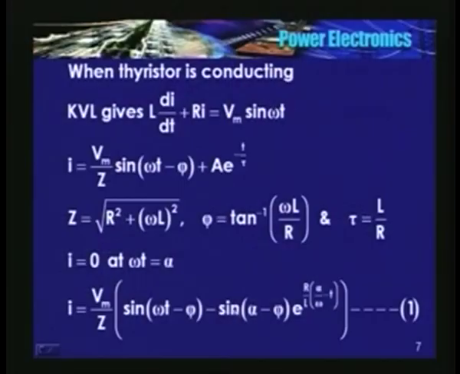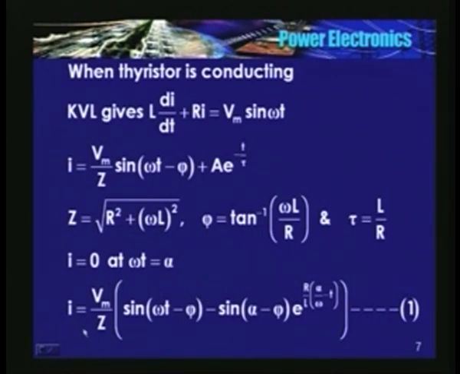what does equation 1 say? It says that this term will become 0. So you have the current which is given by Vm by Z into sine omega t minus phi. Current is sinusoidal, lags the input voltage by an angle phi, which is equal to the impedance angle.